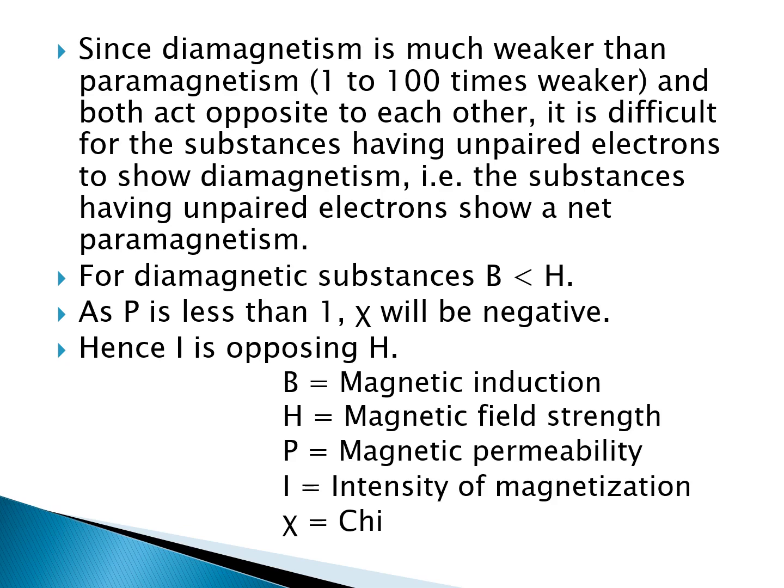It is difficult for substances having unpaired electrons to show diamagnetism. Therefore, substances having unpaired electrons show a net paramagnetism.